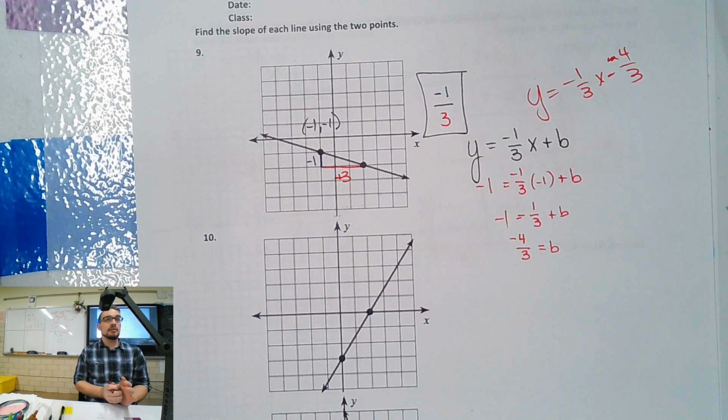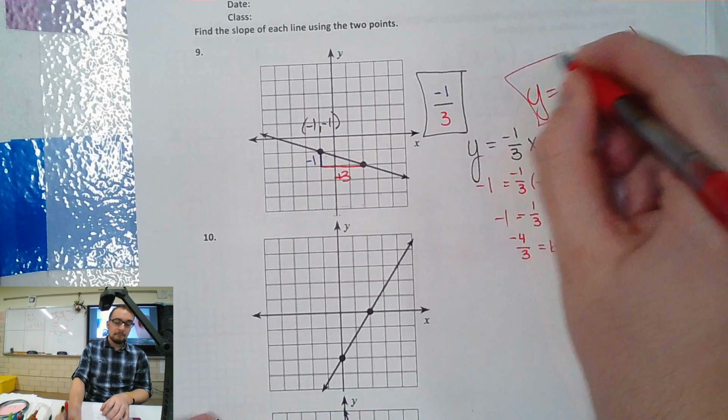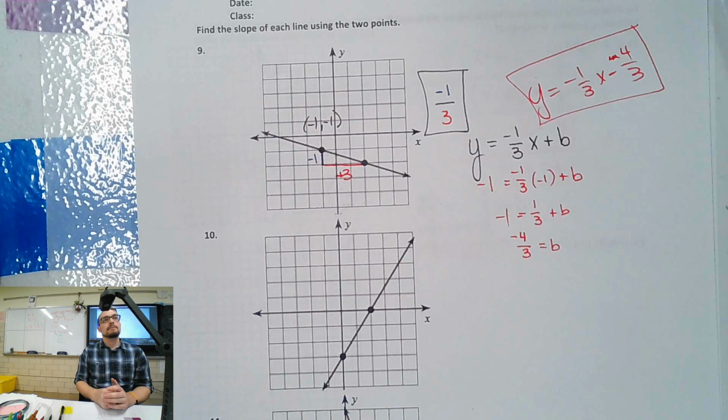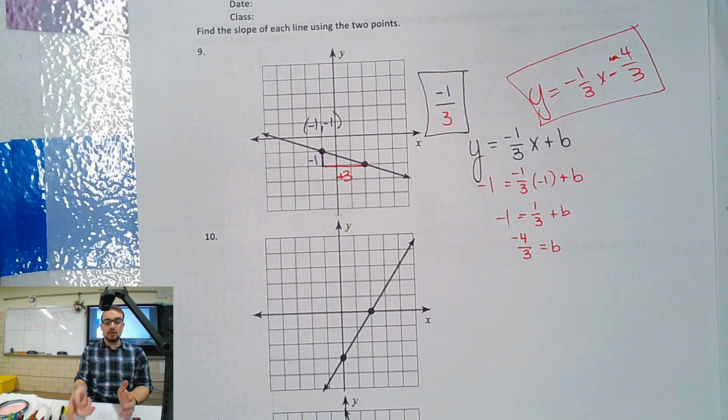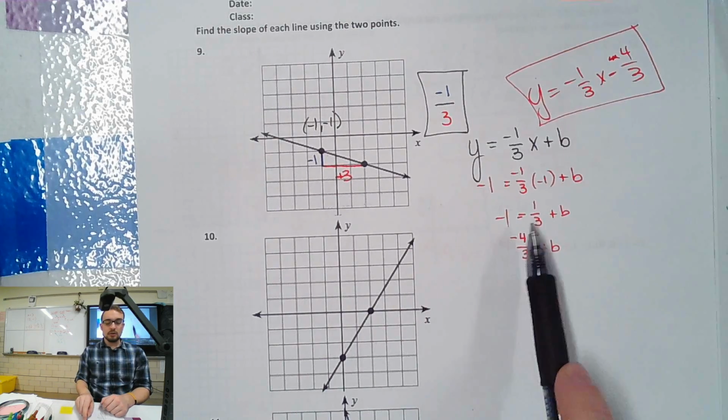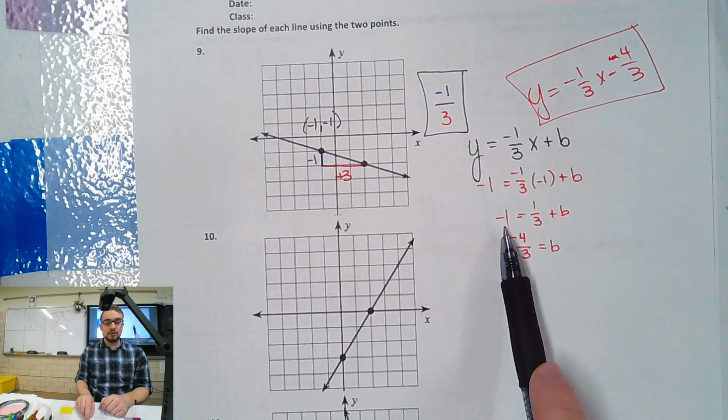Did I ask you for that on this one? No. But that is the equation, and that's how you can figure it out. I plugged in one of the points to see what b had to be. Wait, but 1 minus this -4/3 compared to +1/3. Because it's -1, we're subtracting 1/3, so it's -3/3. Minus another third is -4/3.